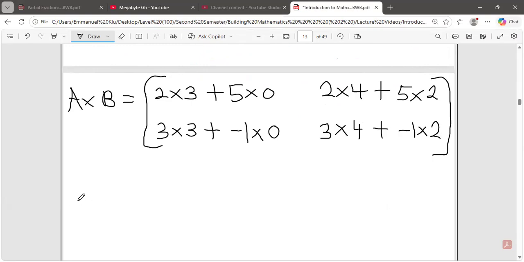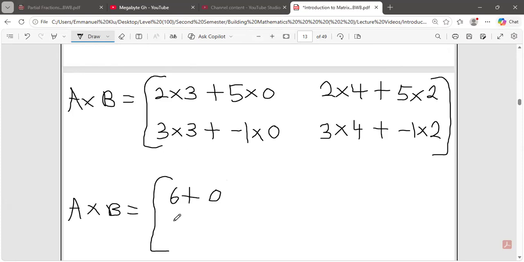So from here, we can say that our A times B, we can simplify it and arrive at our final answer. 2 times 3 is going to give us 6, plus 5 times 0 is still going to give us 0, because any number times 0 is always 0.